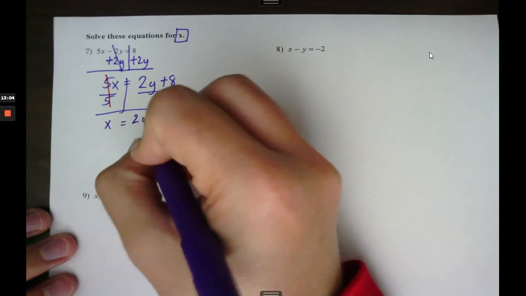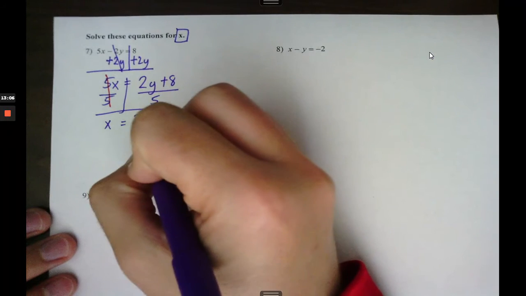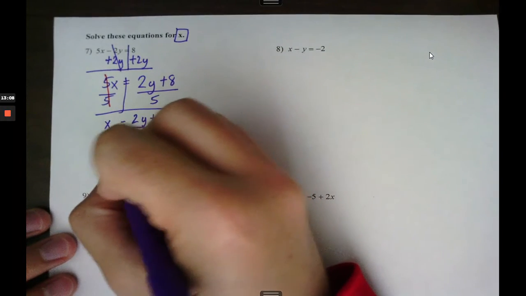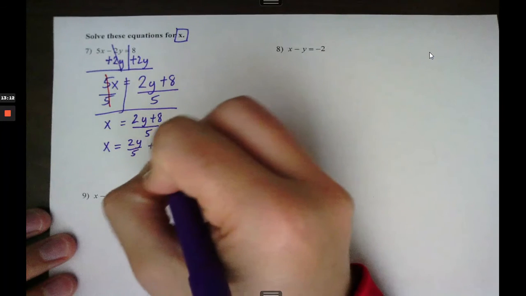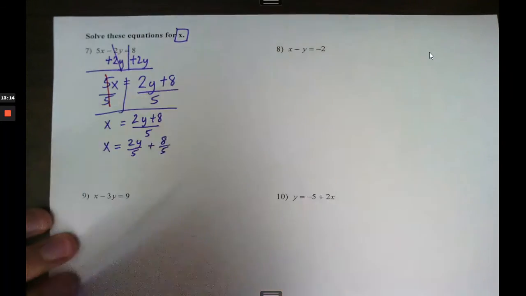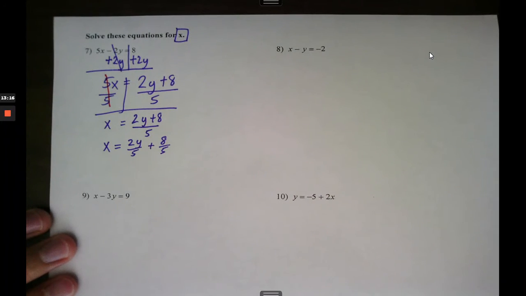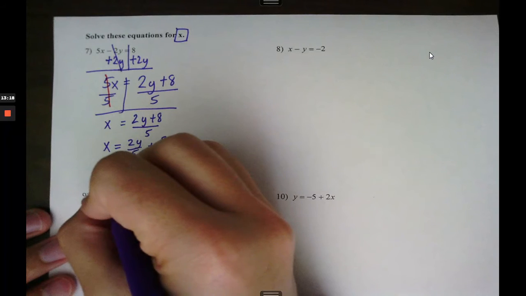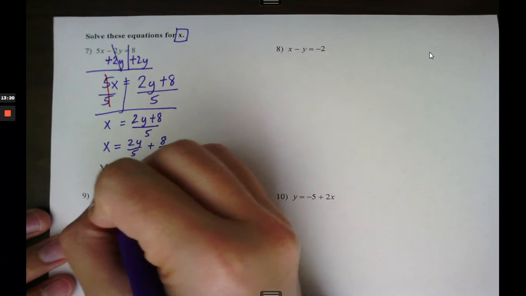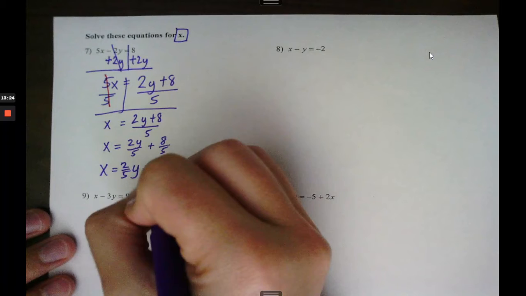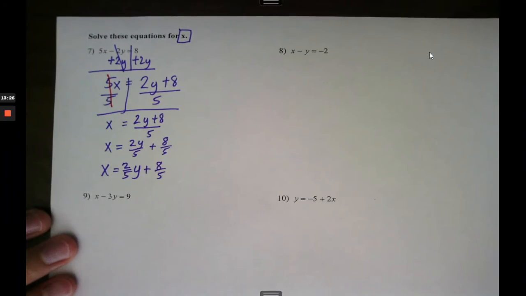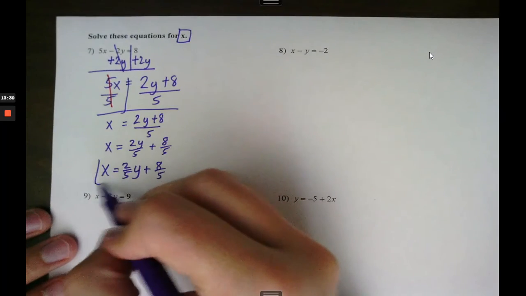But I'm going to write 2y plus 8, all divided by 5, which we then can clean up and simplify to 2y over 5 plus 8 over 5. Now, you'll see on this one it doesn't clean up to nice, neat whole numbers. We're going to leave them both as fractions, no big deal. So 2/5 y plus 8/5. Okay? And that's fully simplified.